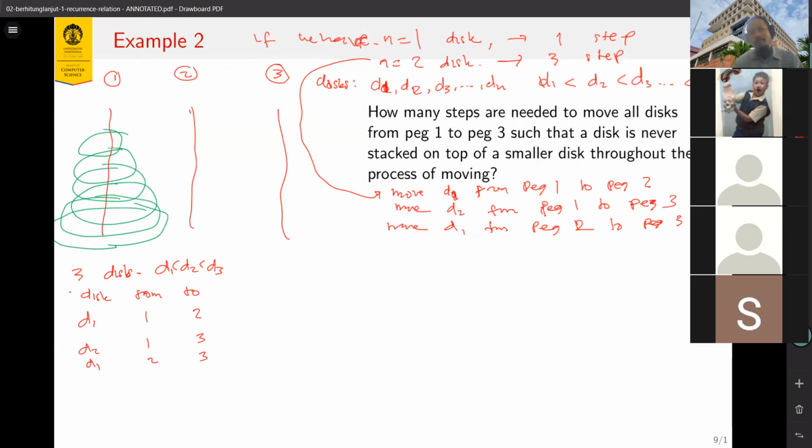And then D3 from peg 1 to peg 2. And then D1 from 3 to 1. And then D2 from 3 to 2. Never mind, I think I'm already wrong. The aim is to move from peg 1 to peg 3. So how do we fix this?